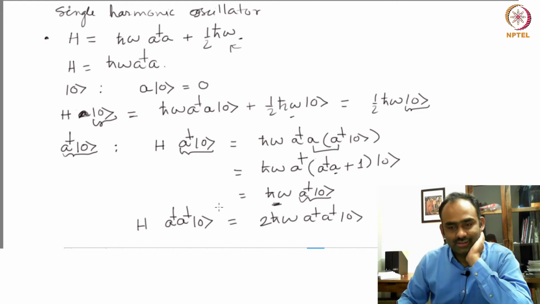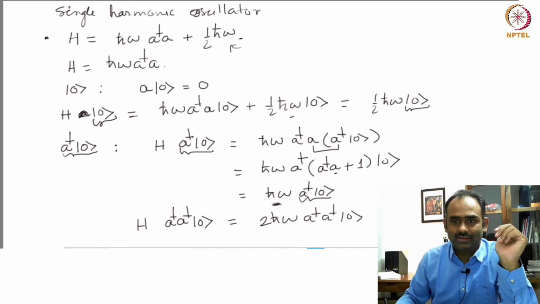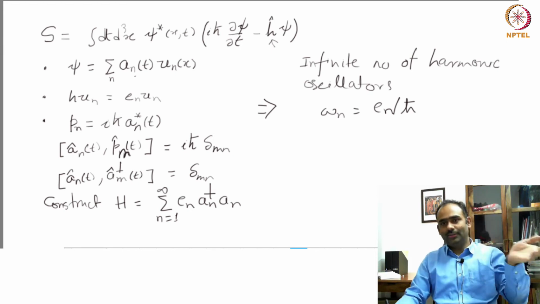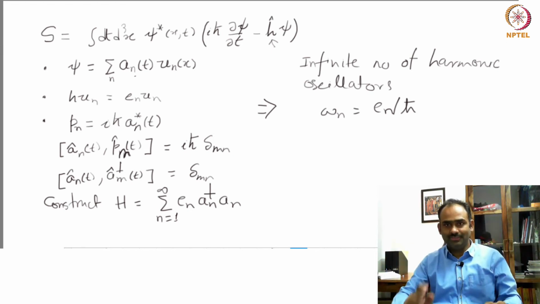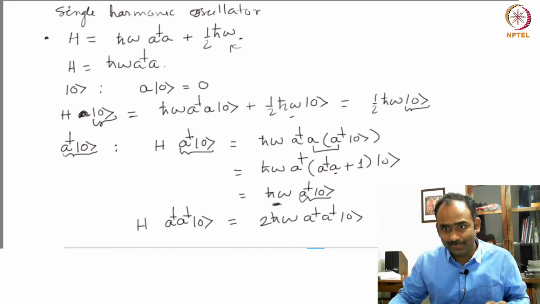Now we can use the same thing in our present context, because our system is after all a sum of lots of harmonic oscillators and they are not talking to each other. So this formulation, this method will work.